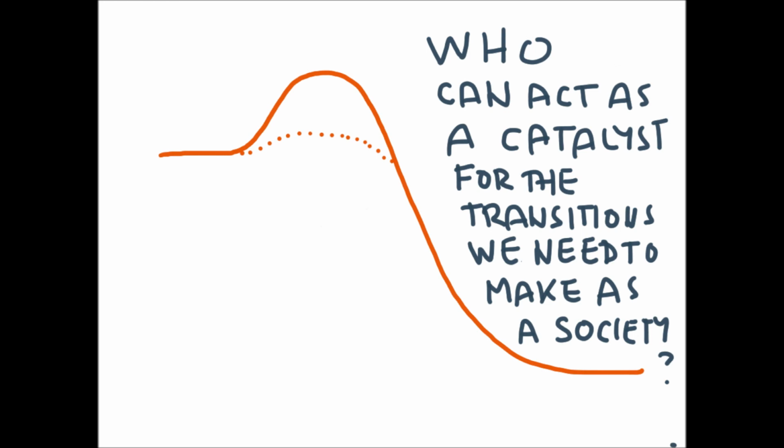A very important transition that we're making right now is a change in the role of women in society. This is changing radically, and it's an extremely important and positive change. So now, who can act as a catalyst for the transitions we need to make as a society?